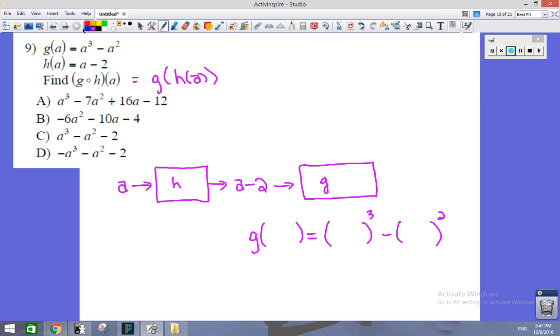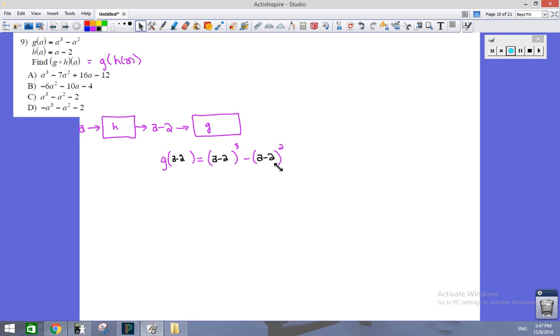But it is harder to do when we have a variable expression, because we have to take a minus 2 quantity cubed. Now a minus 2 quantity squared is easier, but this cubed, a lot of people ask me about that today.